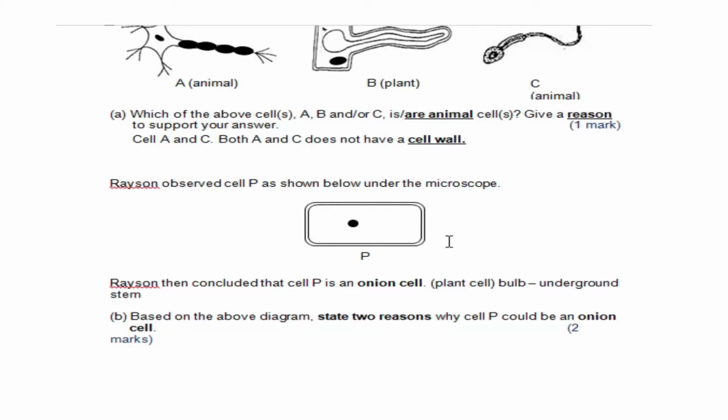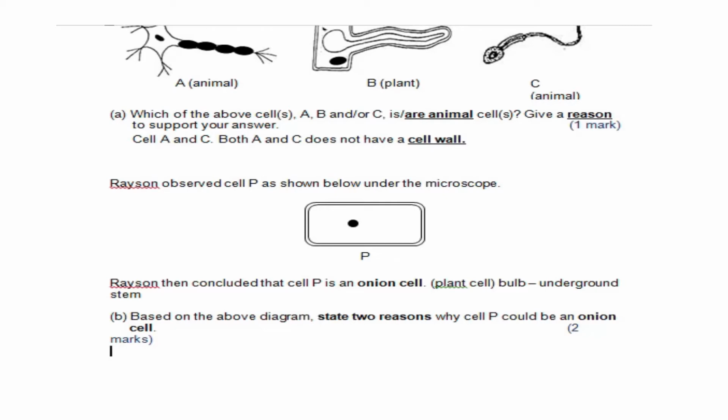So now, do you think there is chloroplast in the underground stem? No, chloroplast is only present at the leaves. So not all plant cells have a chloroplast, because only those plant cells that we take from the leaf section of the plant will have the chloroplast. So in this case, I could confirm, hey, this could be a possible onion cell.